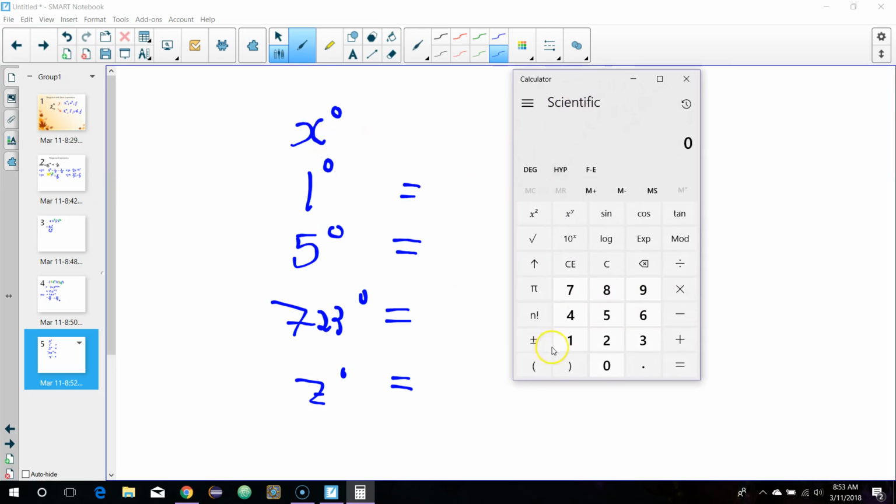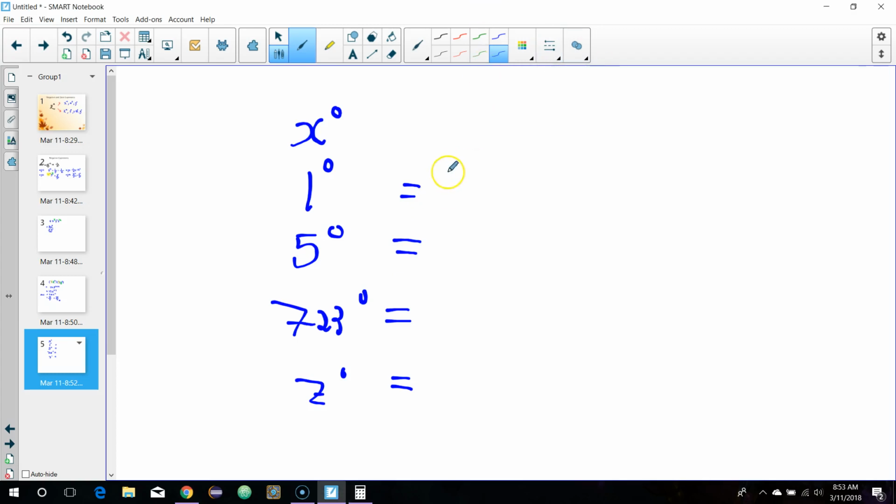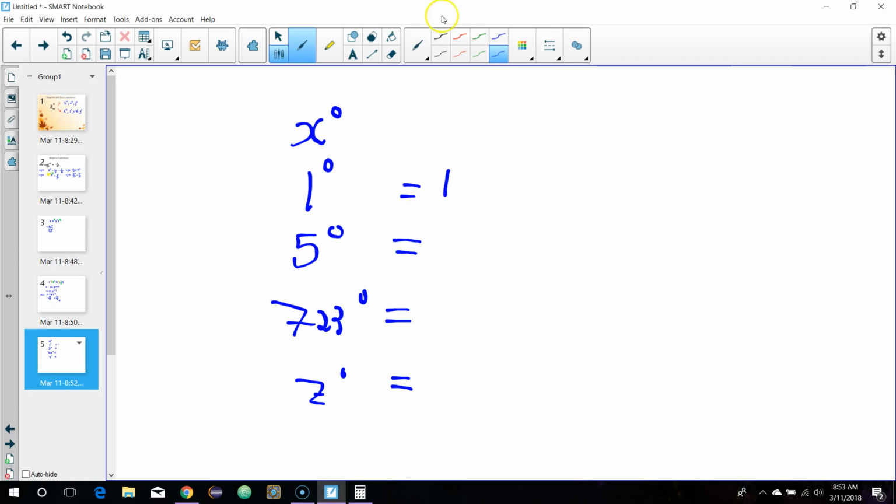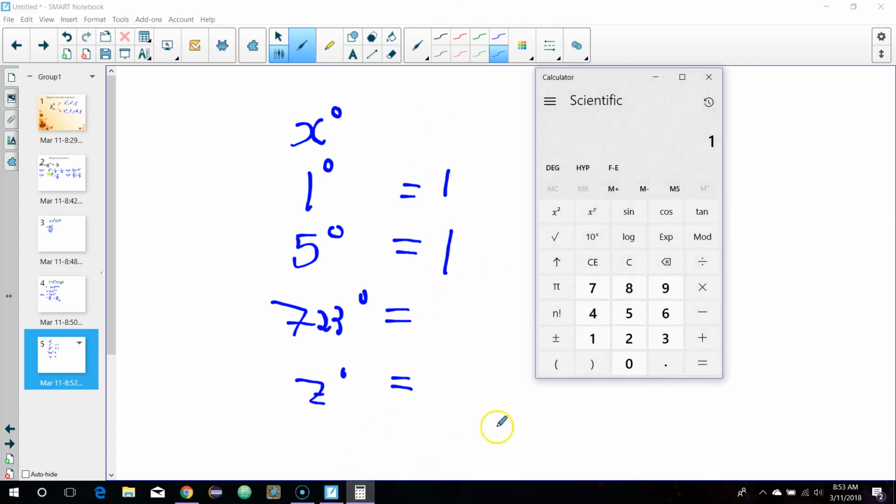Let's just try 1 to the power of 0. 1 to the power of 0 is 1. So we're going to write that down. I think I did that last time in one of the videos. 5 to the power of 0, 1. 723 to the power of 0 is 1.